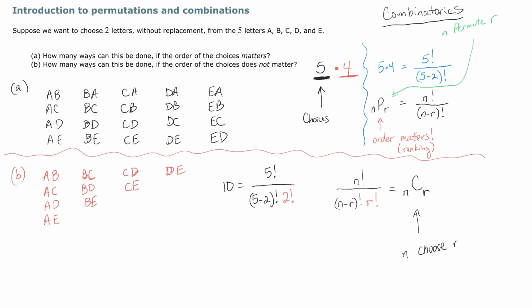So for part B, there were 10 choices. And for part A, there were 20 choices. Notice that for permutations, you could expect more possibilities, and for combinations, you should expect fewer.